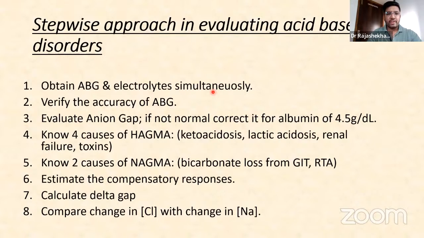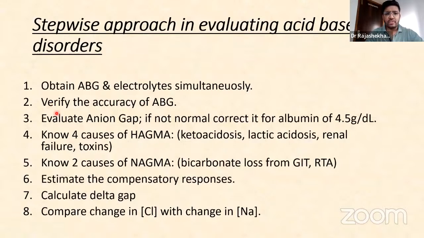The two should correlate. If the bicarbonate levels in the ABG and electrolyte reports are mismatching, there is an abnormal report, so you can repeat the test. Always verify the accuracy of the ABG before proceeding further.